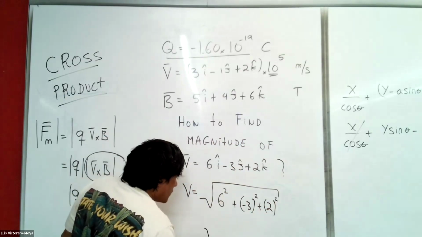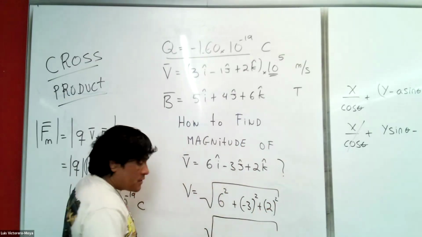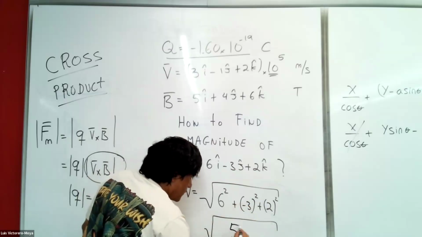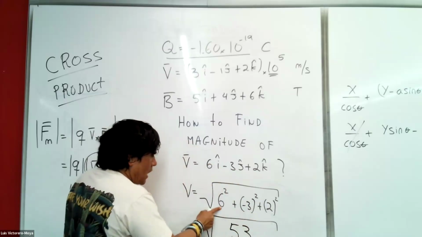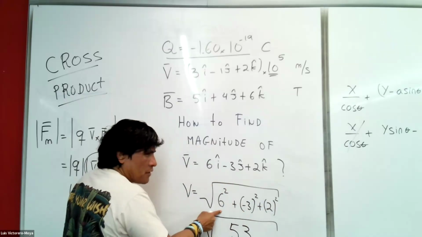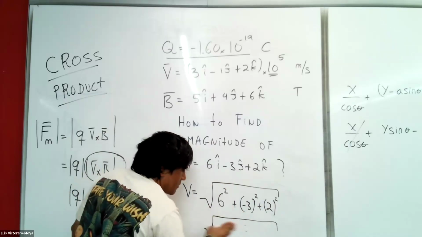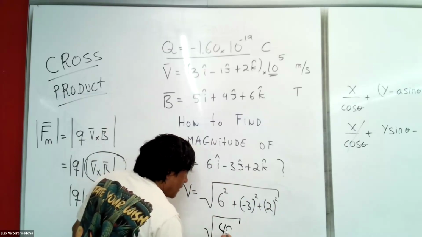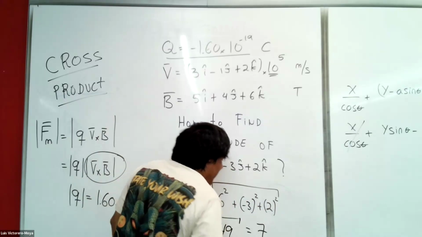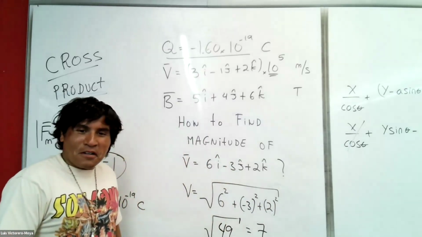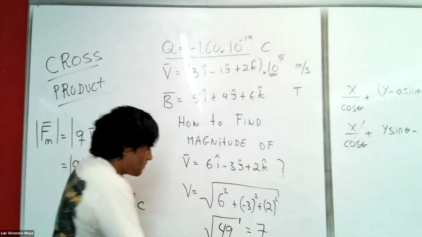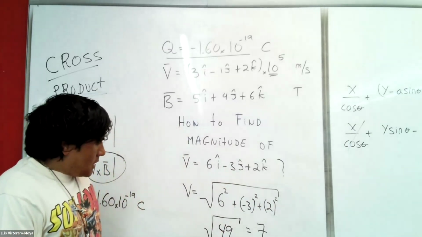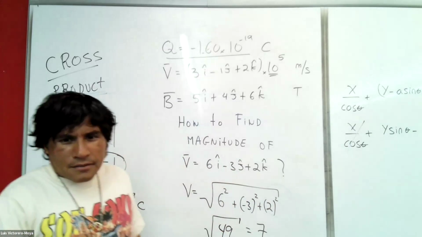So that's 36 plus 9, 45, plus 4, 49. Square root of 49 is 7. There you are, so it works out. So that's what you have to do.